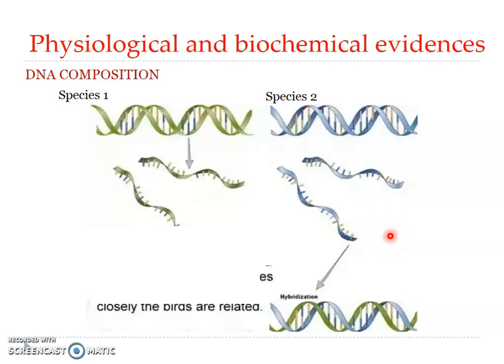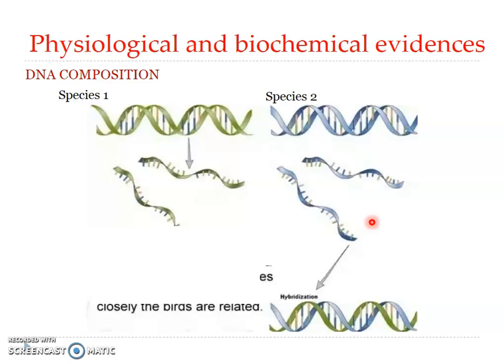So thus it is assumed that the greater the degree of pairing between the DNA strands of species 1 and species 2, the closer the similarity between the genetic constituents of the two species. So how much of the DNA is base paired actually indicates how close the two species are.